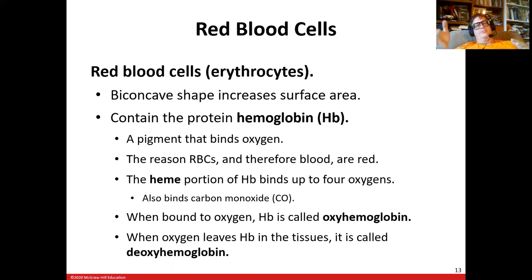Now, there are some good things and some bad things about that. It makes sense to get rid of your mitochondria. If your job is to carry oxygen, you don't want the thing using oxygen on the way. So going to the tissue, it would be horrible if the red blood cell gets there and says, oh, well, I've used up all the oxygen for my own needs.